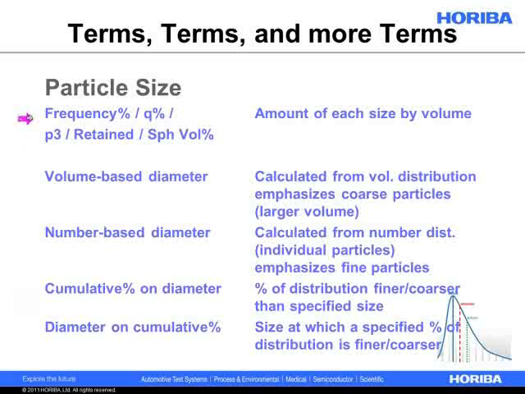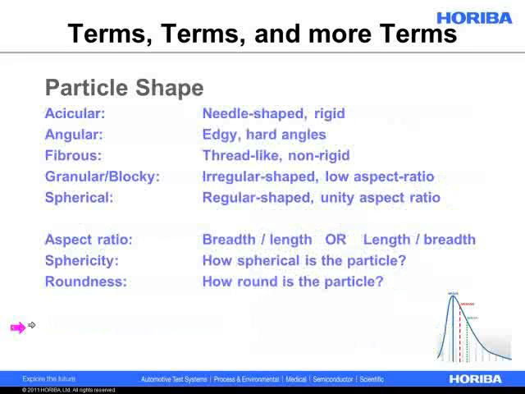Some more terms, different ways of describing the y-axis on a lot of graphs. Again, volume-based diameter, cumulative percent on diameter, diameter on cumulative percent, which we usually see in different specifications from users. And now a bunch of terms to describe the shape of different particles. Acicular is the formal way of saying needle-shaped.